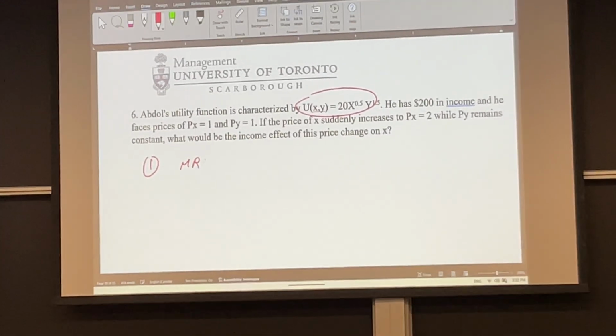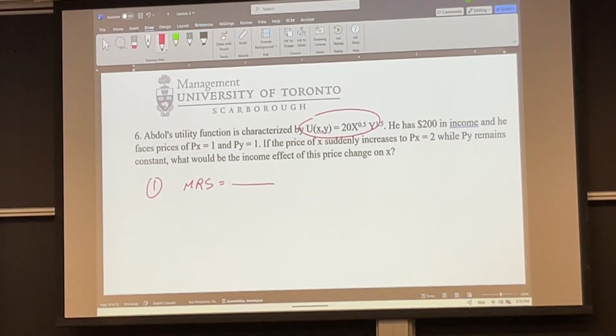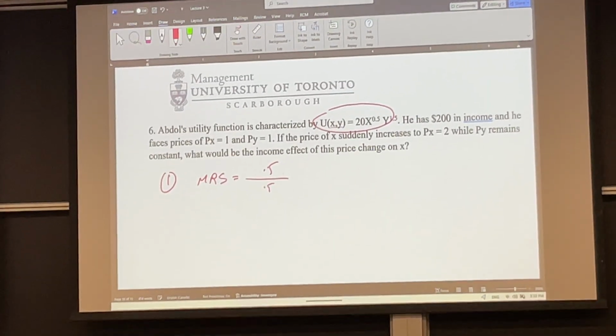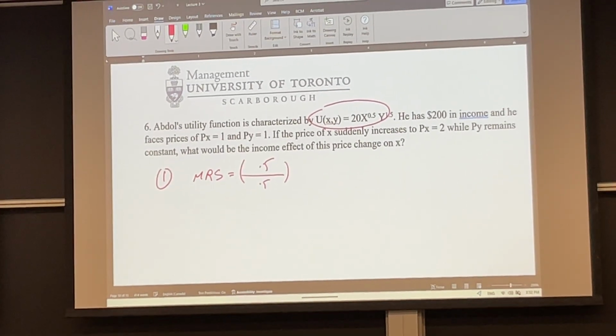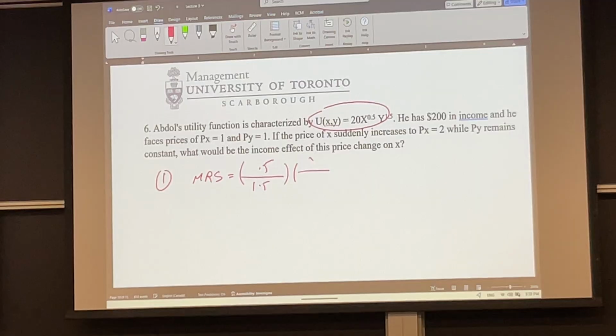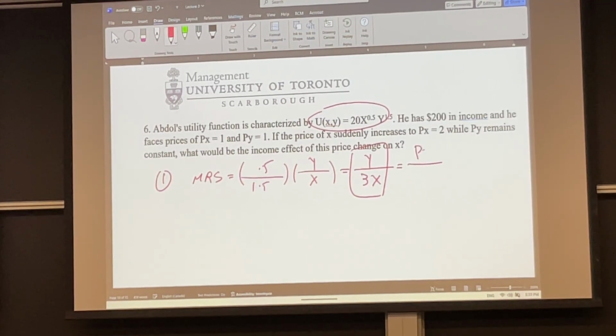That is the MRS of the individual, which should look like this. That's the MRS, we need it later. That's equal to the price ratio.